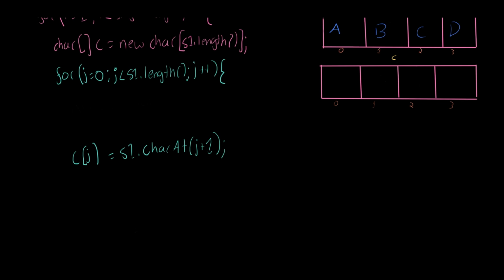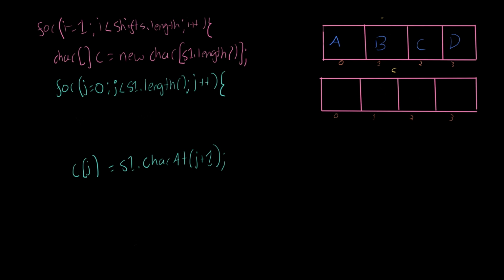At this point, we have an empty character array c with the same number of boxes as the string S1. So when j is equal to 0, c at 0 is equal to the j plus 1th index of S1. So c at 0 is now B.